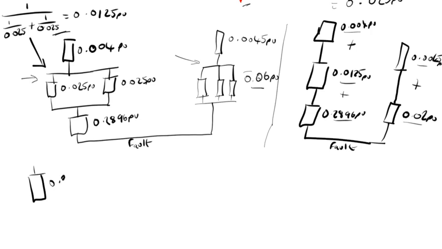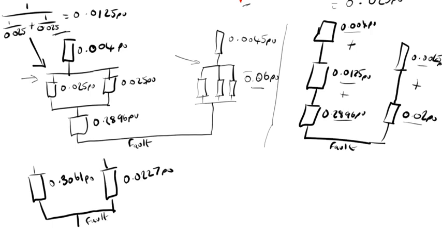Fault here. And then finally, using your parallel technique like this one again, you just do for this resistor and this resistor, these two per unit values there, and you would finally end up with one by itself, which would be 0.0227 pu.